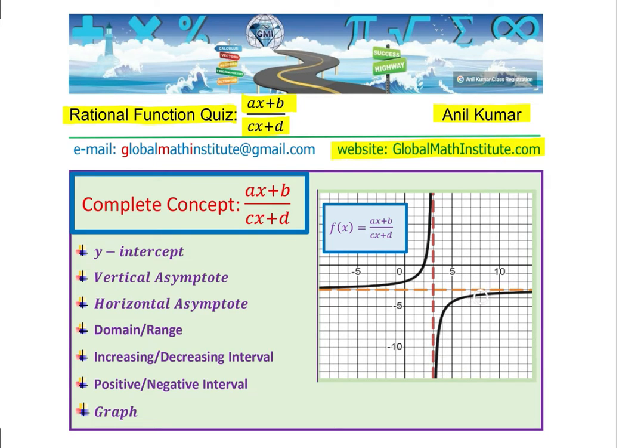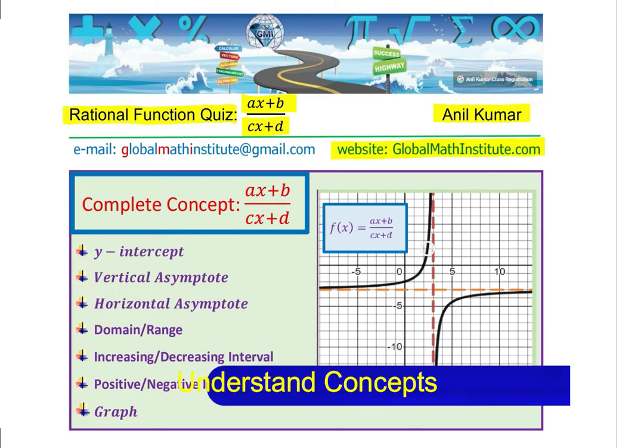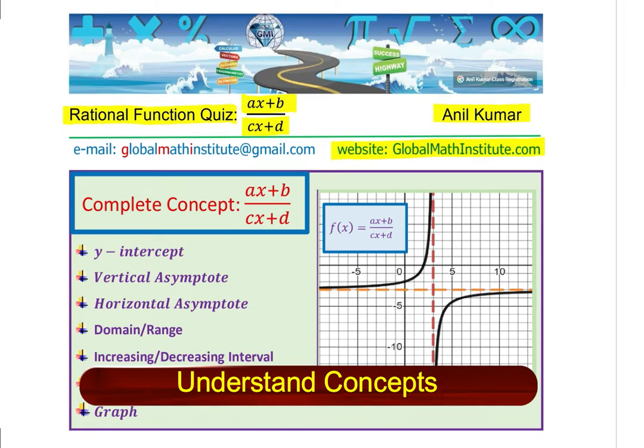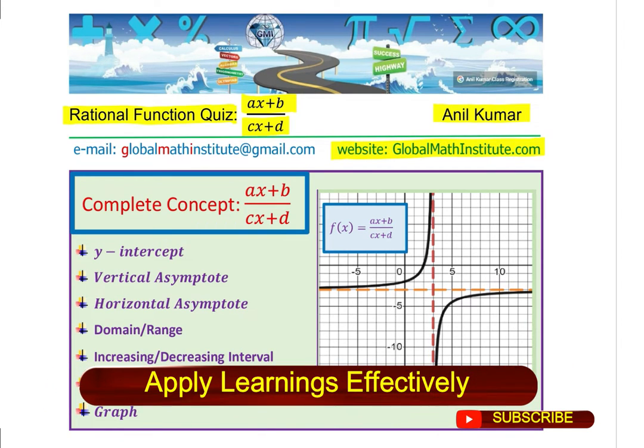Of course, some transformations will make these curves go through different points. However, shape is going to be exactly same. So once you understand the basic concepts, you are in a position to answer each and every question based on the quotient of linear polynomials, the type of rational functions we are discussing now.